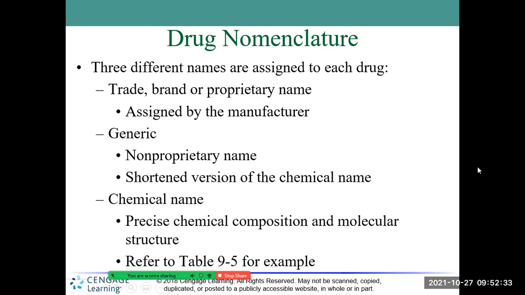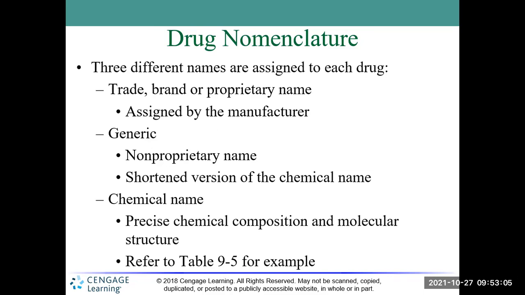Okay, so drug nomenclature, and that means how they're named, and there are 3 different ways that they're named. And so either by the trade, brand, or proprietary name, and that is going to be assigned by the manufacturer. So I will use a respiratory drug just because they're kind of simple and they're really common. And so you've probably heard of albuterol as an inhaler. Well, that is a generic name.